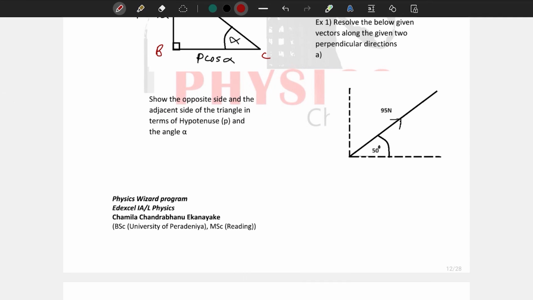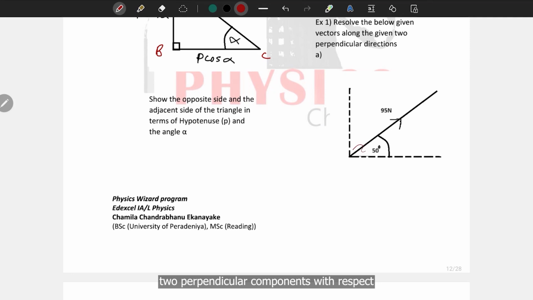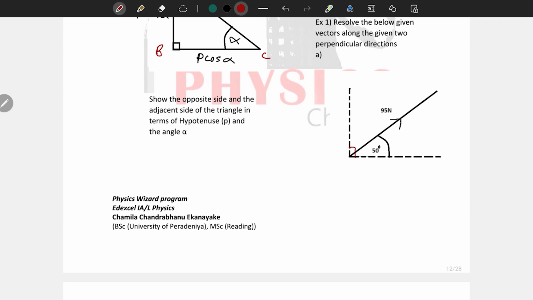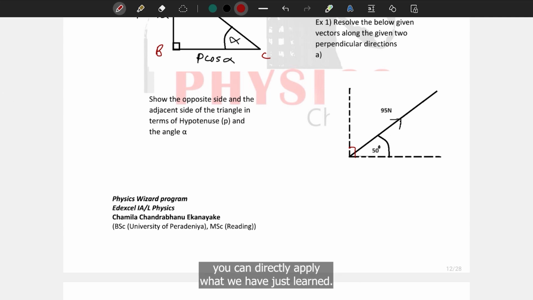Let's try to find the two perpendicular components with respect to the given vector and the angle. You have to recognize what the adjacent side is and the opposite side. If you can recognize these two sides, you can directly apply what we have just learned.